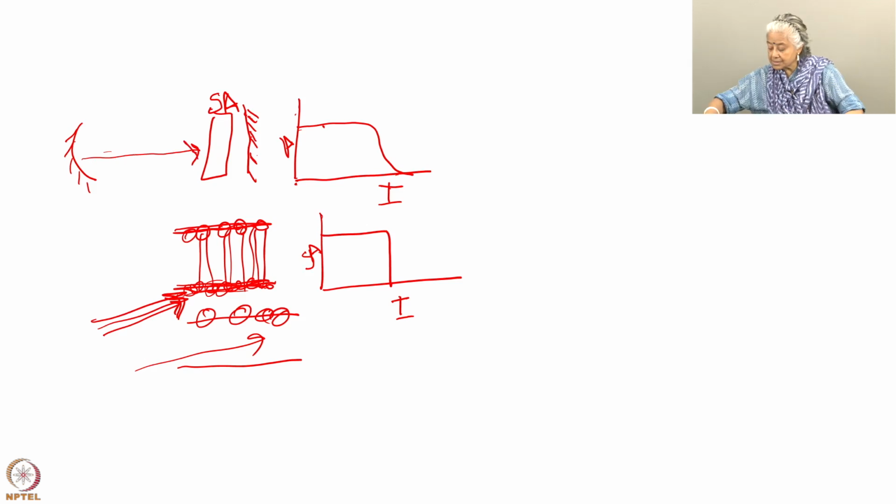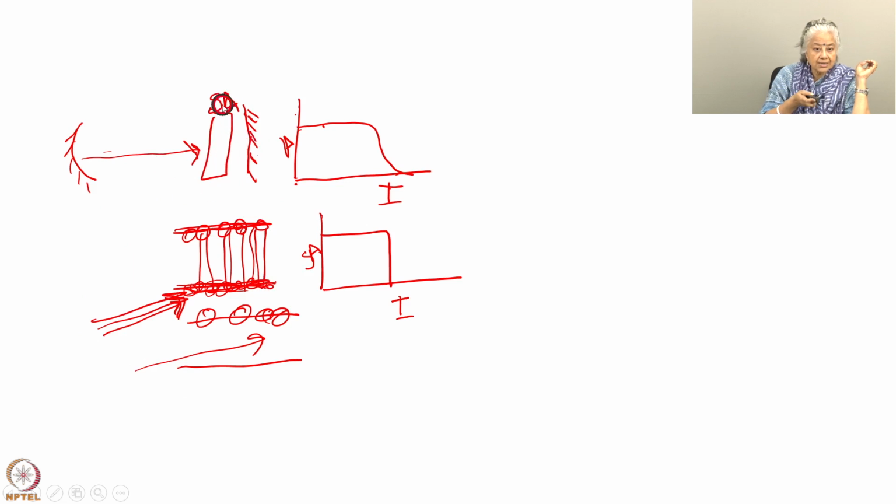But what happens is, instead of moving up and down, when these intensities are low, they bleach this saturable absorber. By bleaching I mean everything goes up to this level. Okay, they bleach this saturable absorber and nothing comes out here.